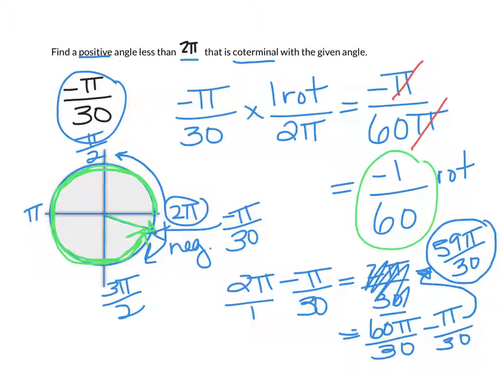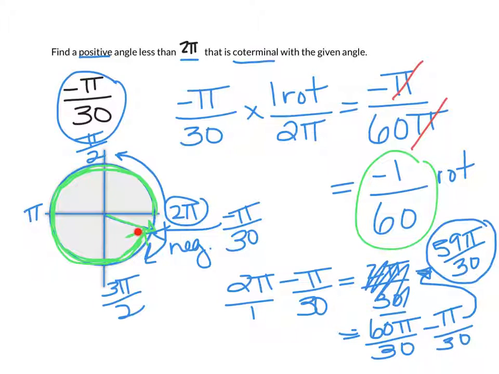So a quick recap: find a positive angle less than 2 pi that's coterminal with negative pi over 30. First I drew my unit circle, then I found out how many rotations negative pi over 30 is, so that I could visualize it on my unit circle.